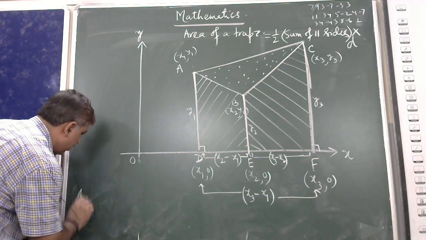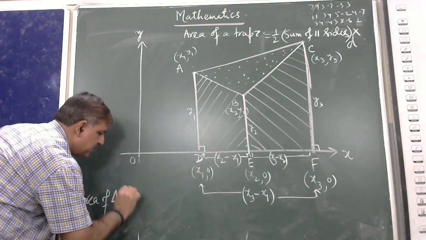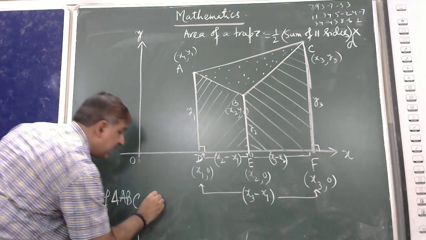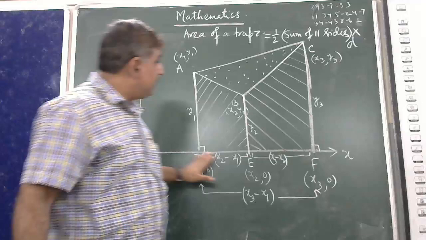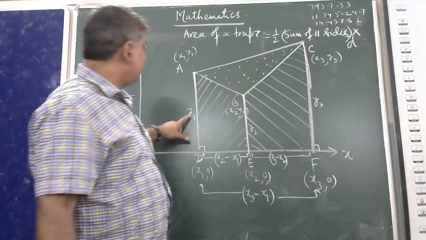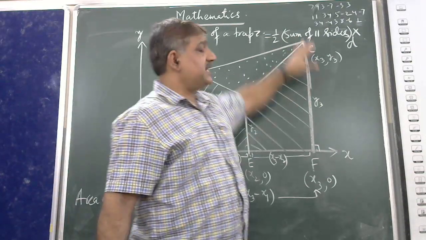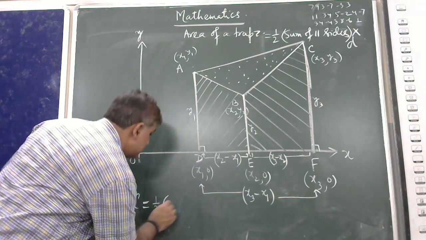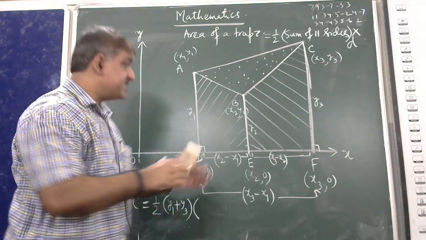Therefore, area of triangle ABC is equal to half. Boys, you see, the area of the bigger trapezium: sum of parallel sides, that is y1 plus y3. This length is y1, this length is y3. So half into y1 plus y3 into the distance between them.